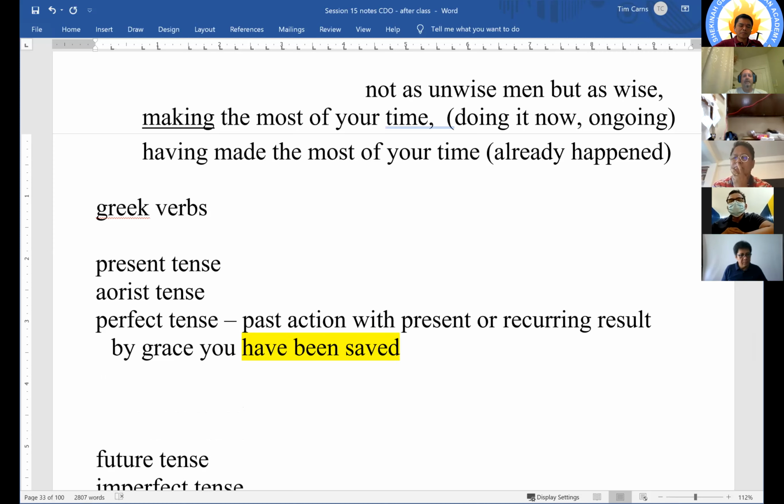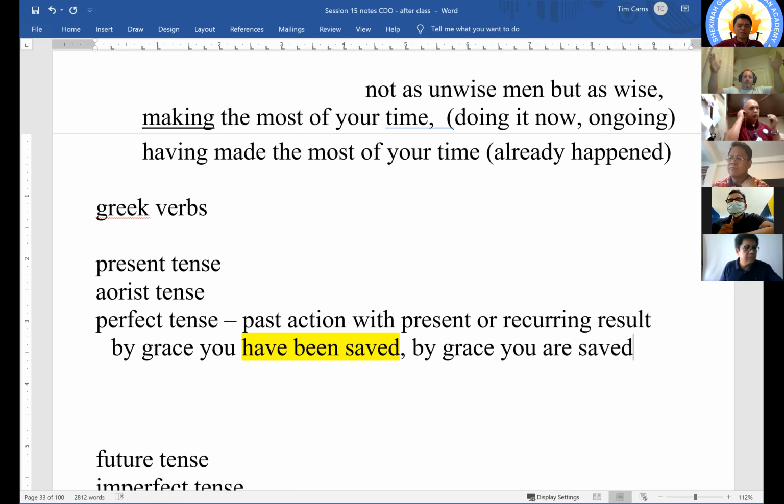So that's why some translations say, by grace you are saved. And that's almost a legitimate translation because it is a past action, but it does have present effect. So we've been saved in the past, but it has ongoing results into the present and into the future.